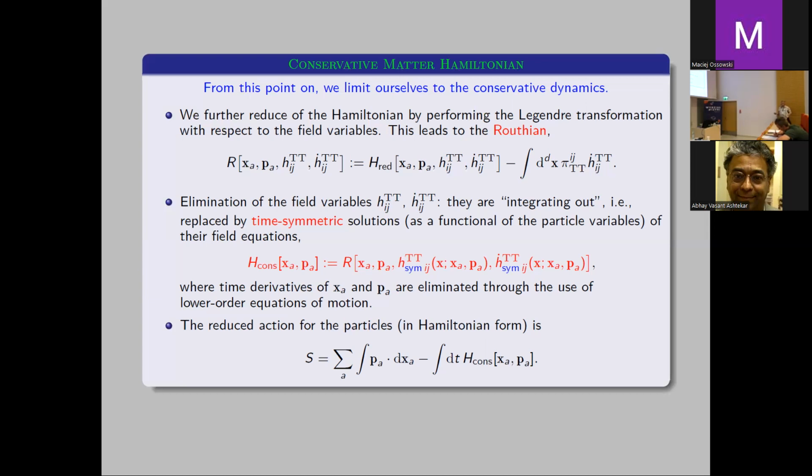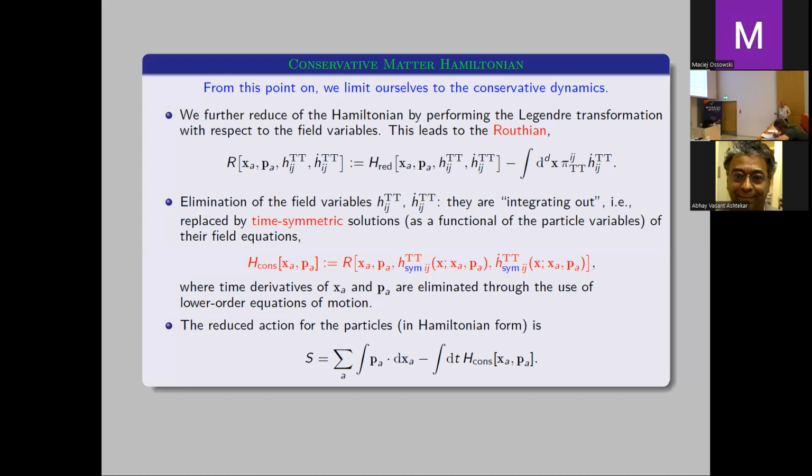But what is still interesting is that, because of this time differentiation, and also because of the further expansion of these functions related with the retardation, they depend not only on the positions and momenta, but also on derivatives of the positions and momenta. But this is a well-known problem. We can just use the lower level equations of motion to eliminate this.